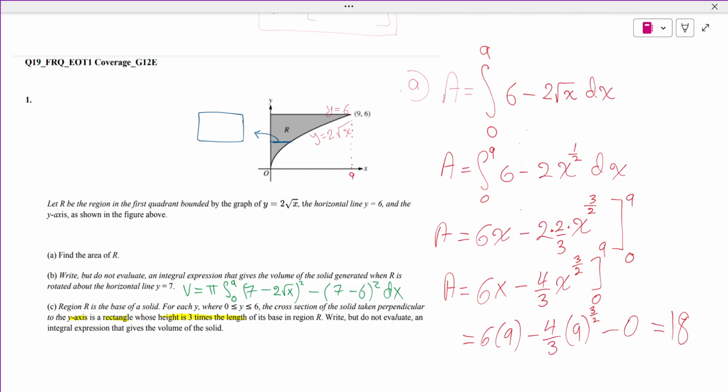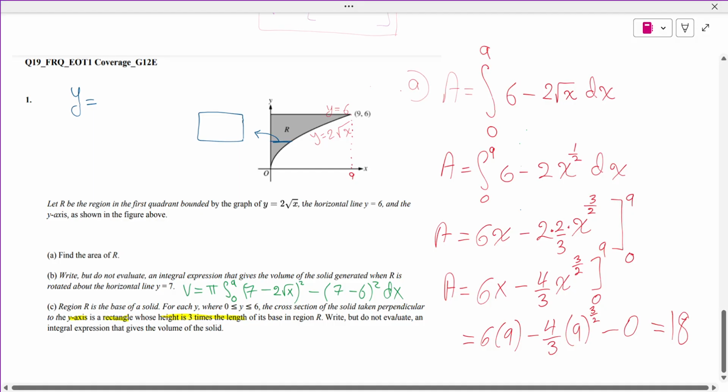So we have y equals 2 square root of x, divide by 2. y over 2 is equal to the square root of x. Raise both sides to a power of 2. You will get x equals y squared over 4. So this length here is equal to the function, which is y squared over 4.